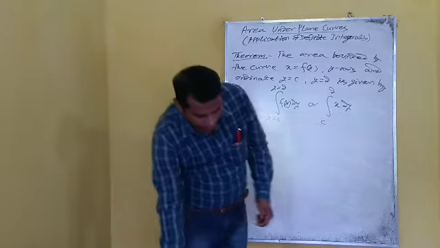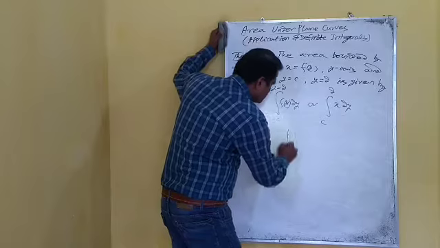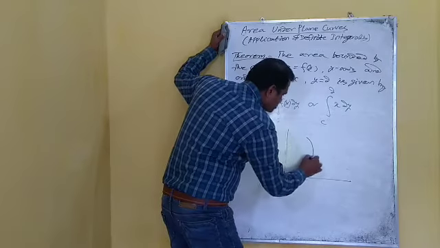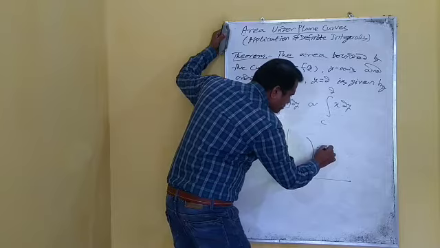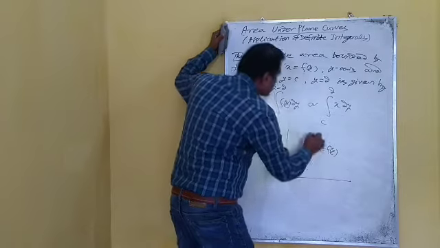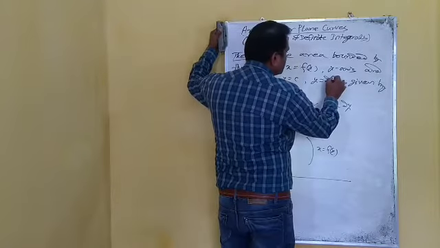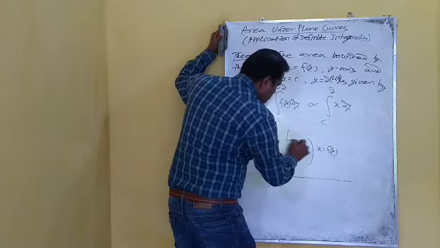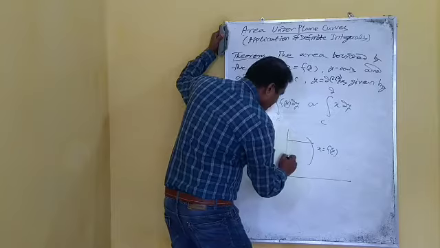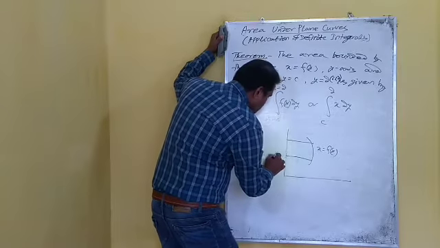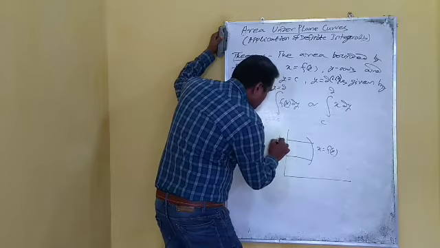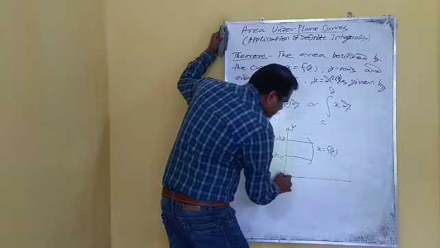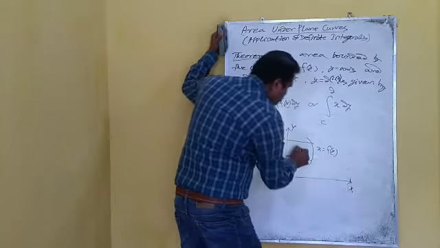Okay, we represent it in the figure. Suppose this is x is equal to f of y. Here c is less than d, and the area covered lies between y is equal to c and y is equal to d, with the y axis and x axis.